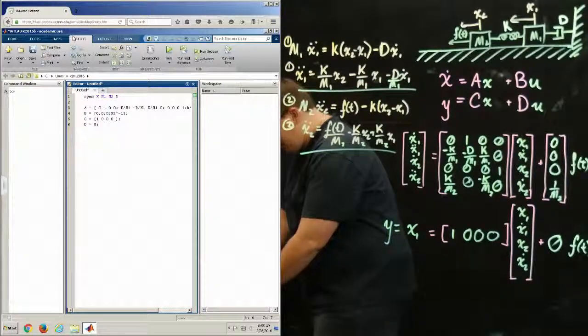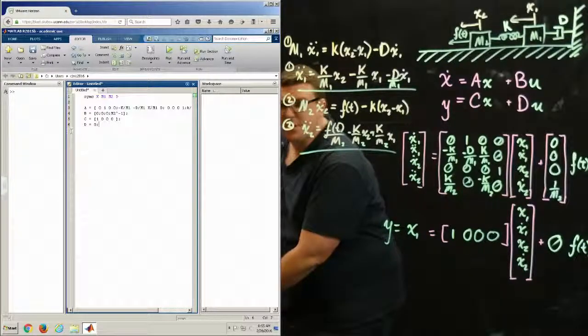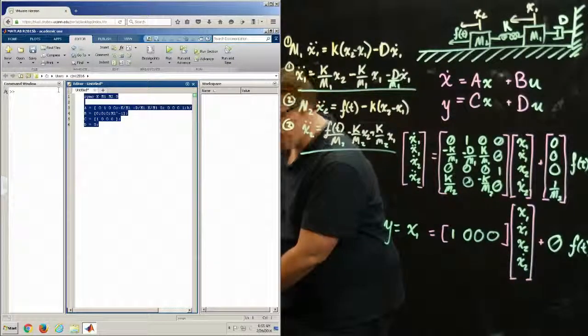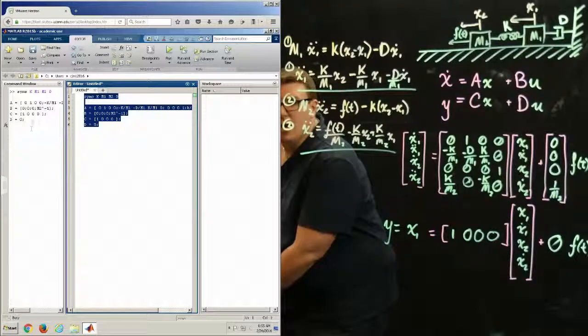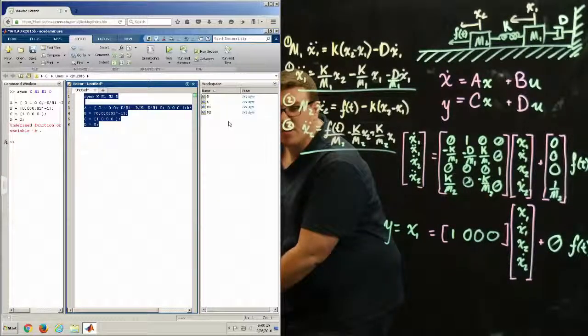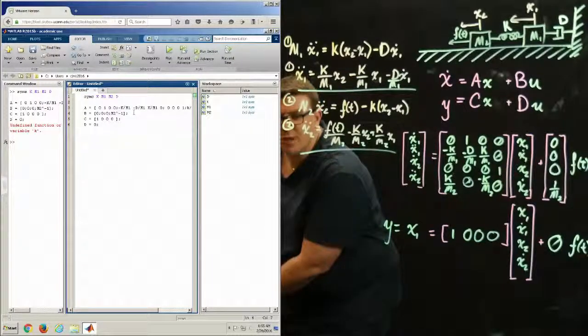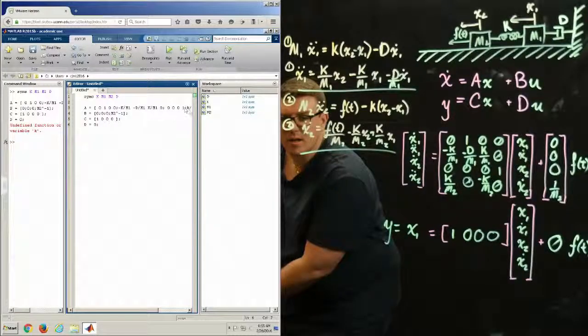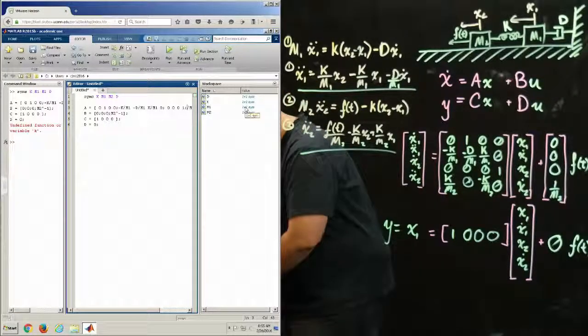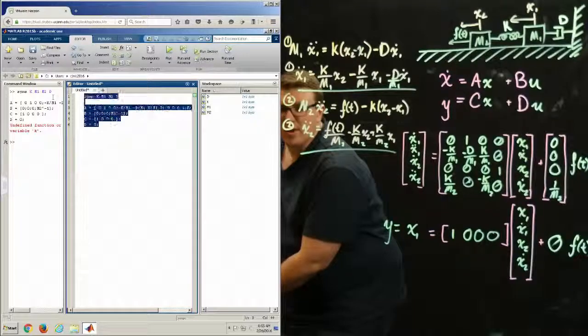So let's execute these to make sure that everything works out nicely here. Once this runs, we should get in our workspace, oh, I was writing lowercase k somewhere. Looks like here, capital K. Let's try that one more time.